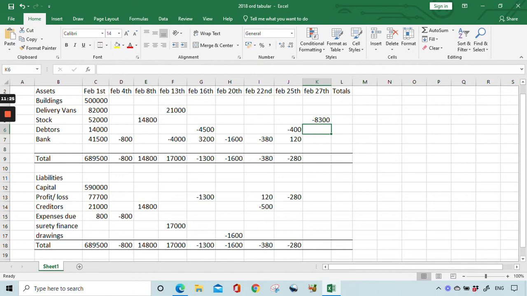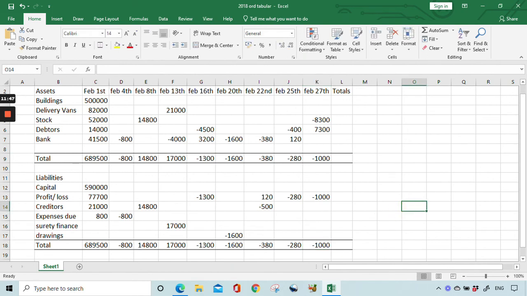Your debtors will go up. You are owed 7,300, and that's going to hit your profit by minus 1,000. So minus 1,000, minus 1,000. Remember, the answer always has to be the same in the assets and the liabilities.